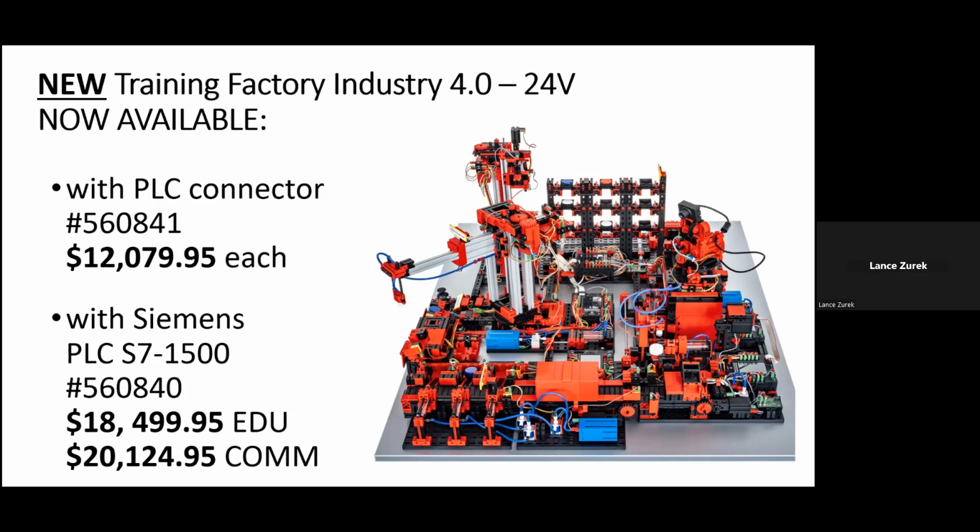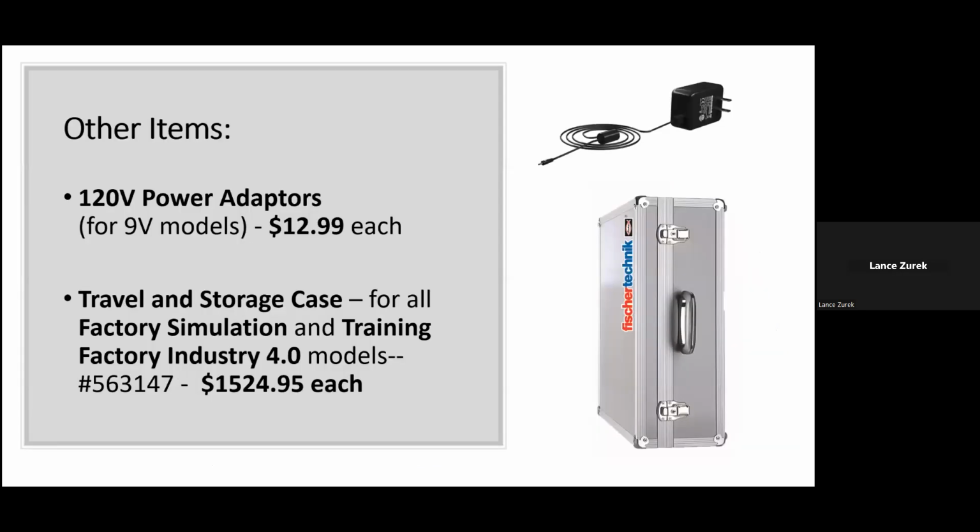If you are in education, purchasing this for an accredited educational institution, you are looking at a cost of $18,499.95 per unit. For commercial use, you're going to be looking at a cost of $20,124.95 per unit.